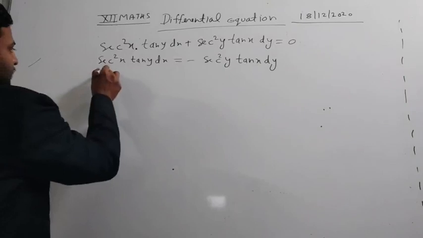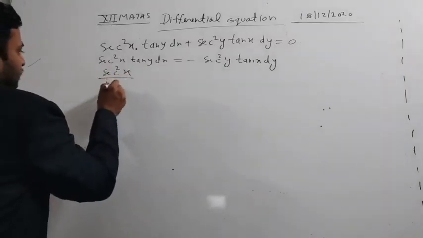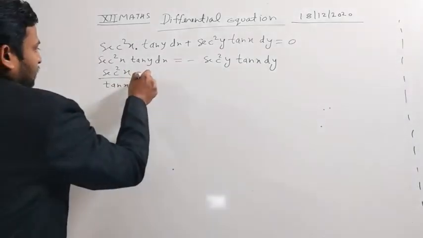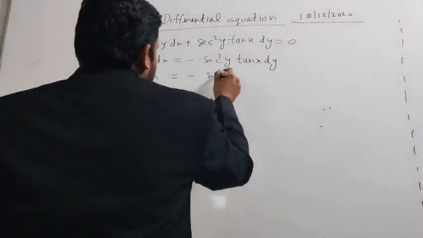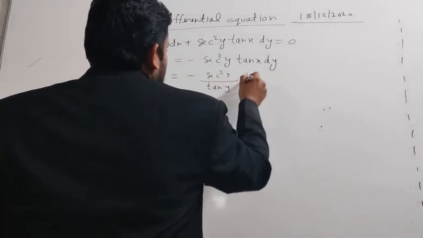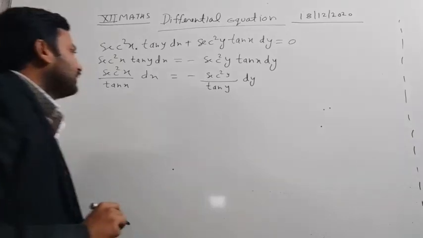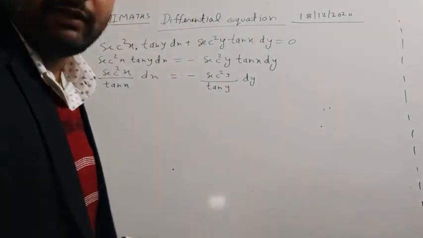So we can write sec square x by tan x dx is equal to minus sec square y by tan y dy. Okay, student. Now we have separated the variable x with dx and y with dy.